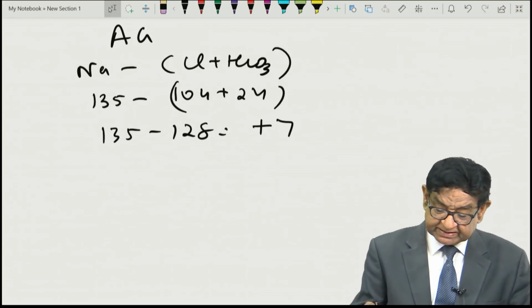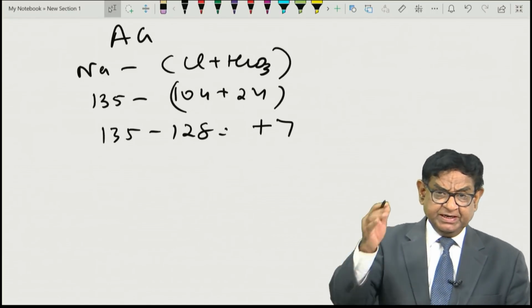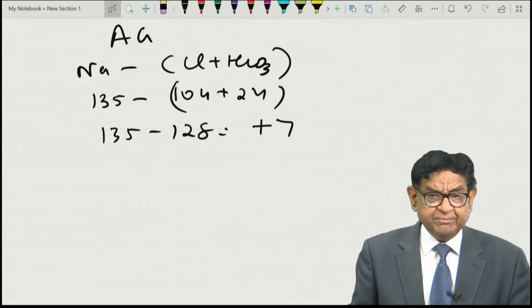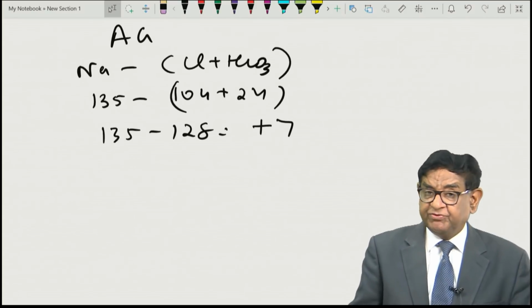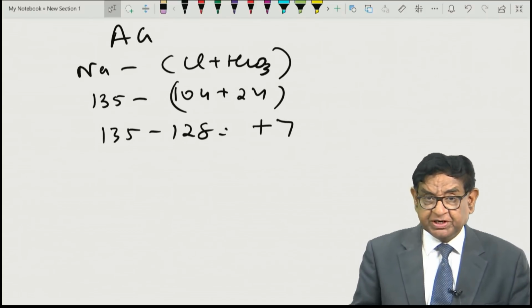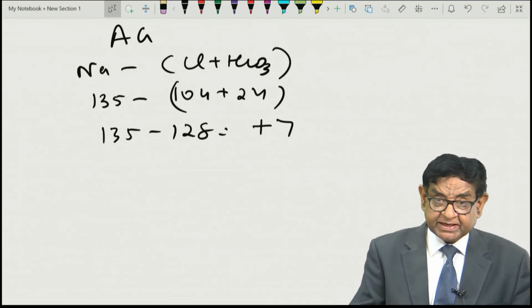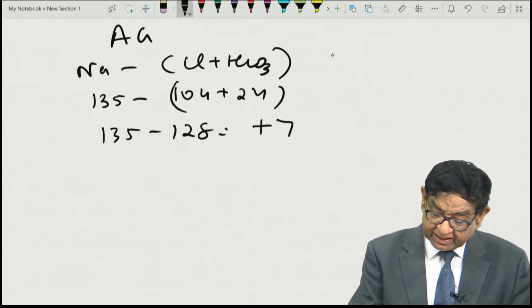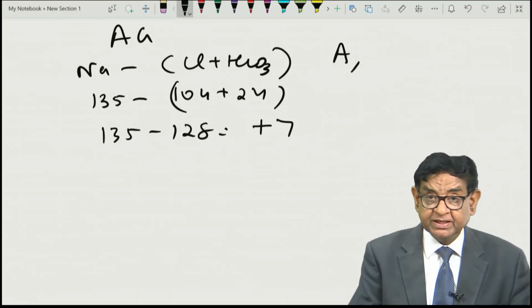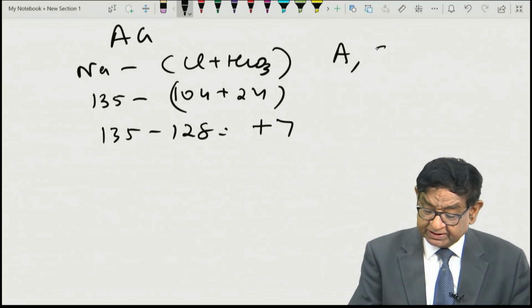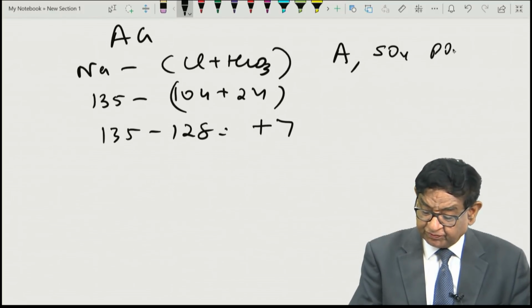But here we are getting 7 extra positive particles. It means there are certain other negative particles which we have not taken into consideration. So the negative particles which we have not taken into consideration are A for albumin. Albumin has a negative charge, sulfate, phosphate, lactate.